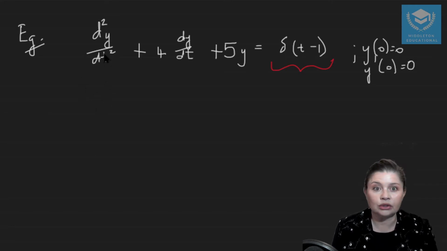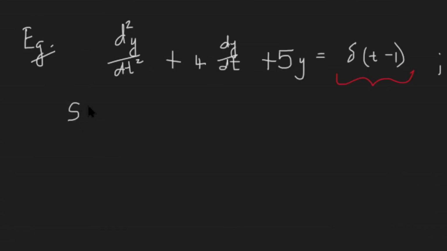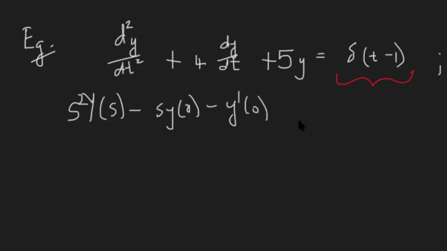So the Laplace transform of your second order derivative is going to be s squared Y of s minus s y at 0 minus y dash at 0.